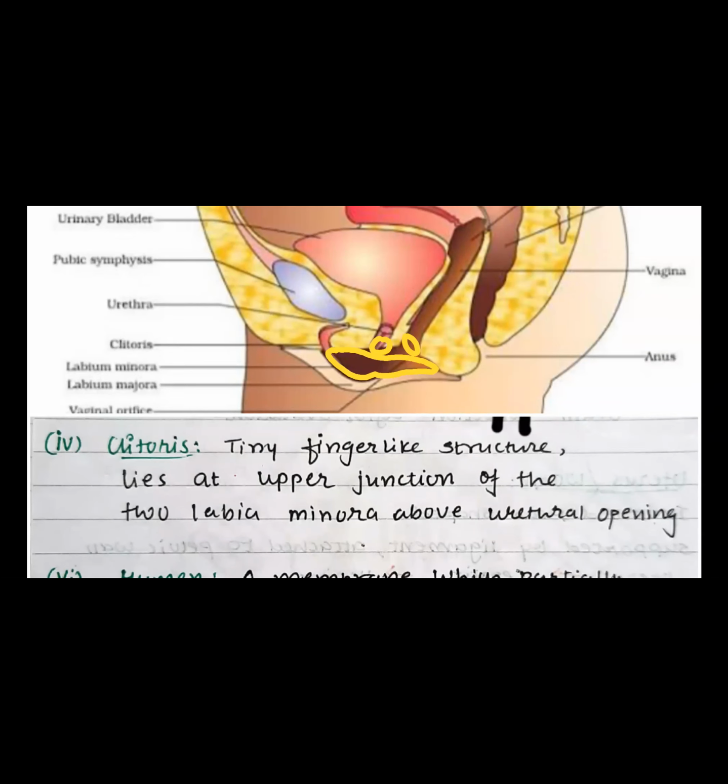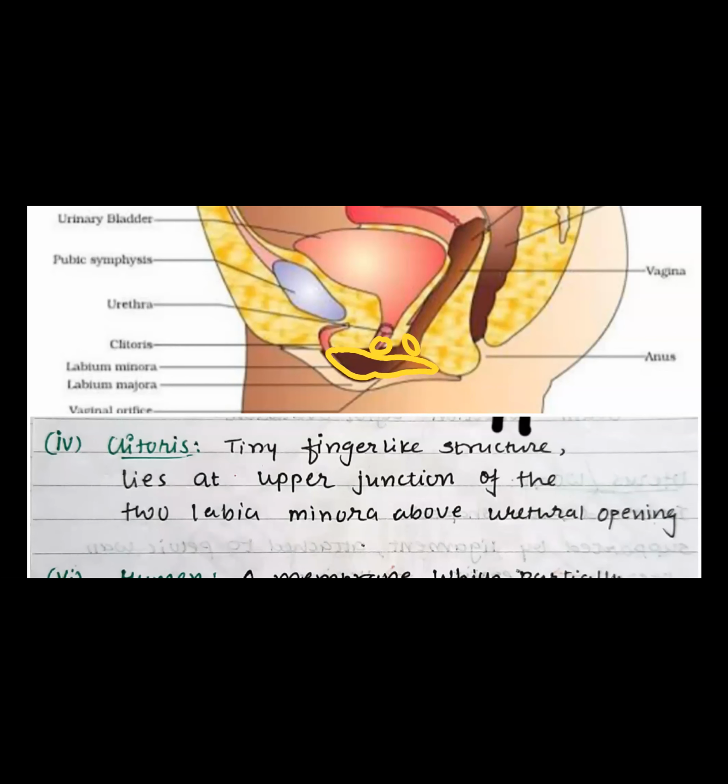At its upper end there is a tiny finger-like structure, a small elevation lying at the upper junction. Where the two labia minora meet at the upper end, that is termed the clitoris.